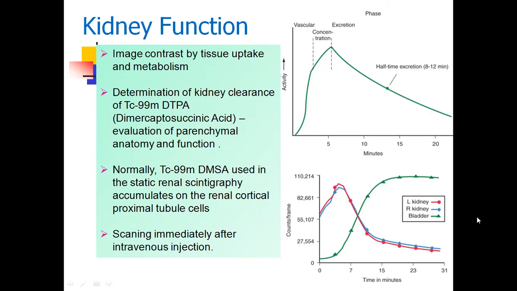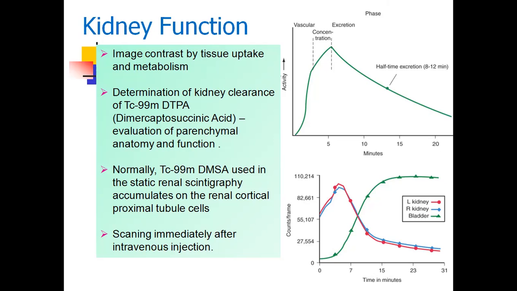Scanning is started immediately after intravenous injection of the radiopharmaceutical. What is a radiopharmaceutical? It's a combination of a radioactive tracer with a special molecule, which has affinity to, in our case, kidney parenchyma.